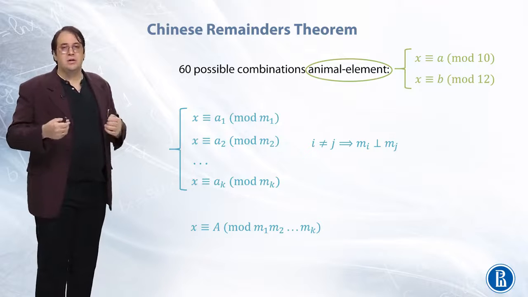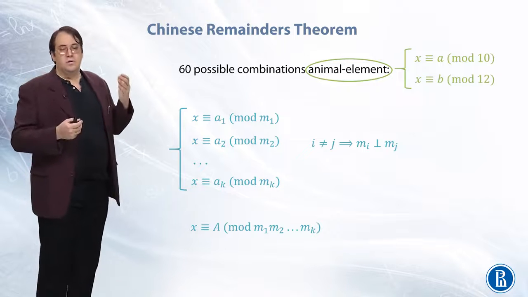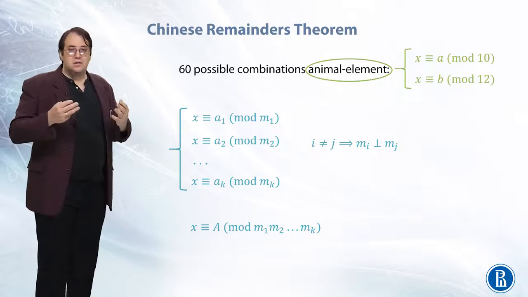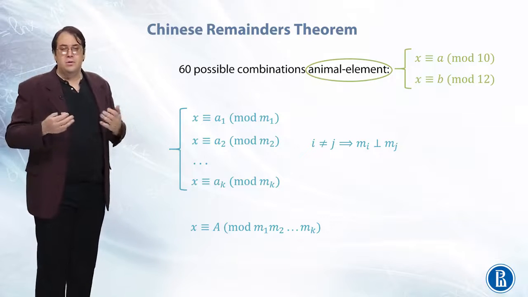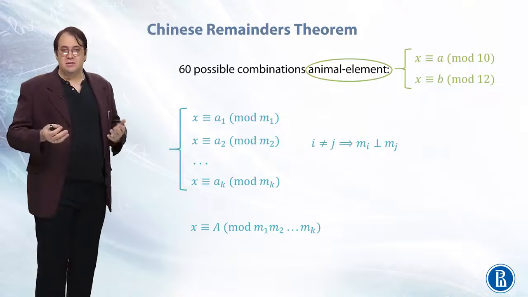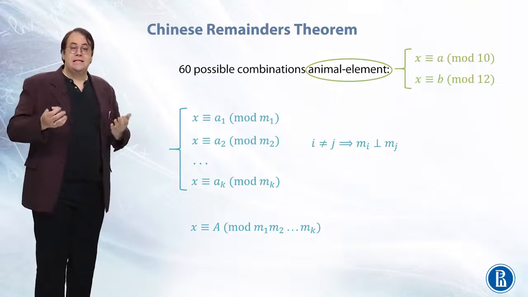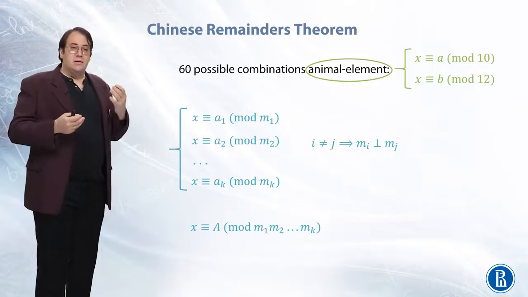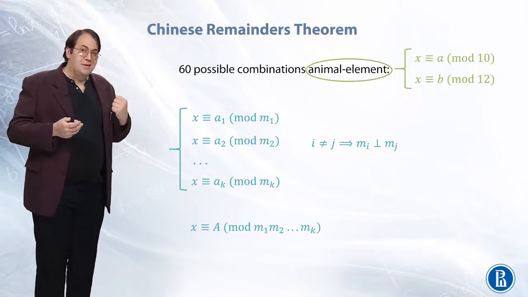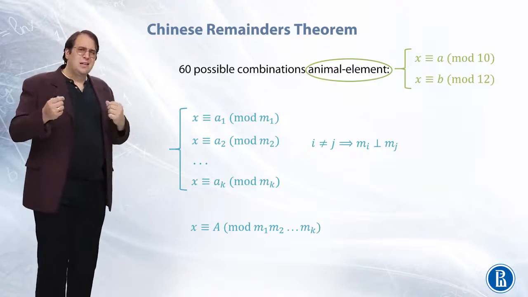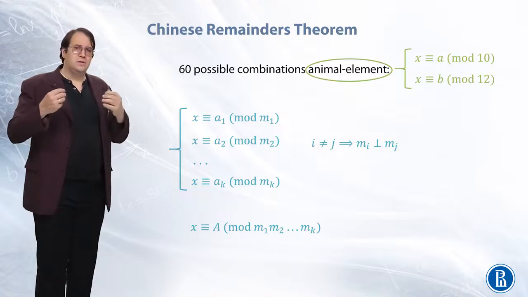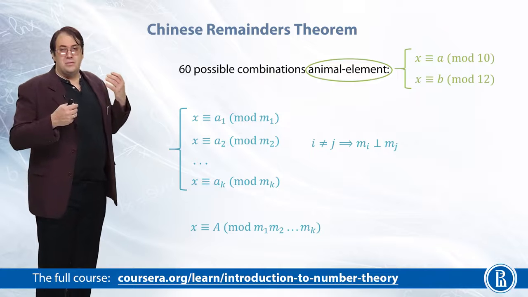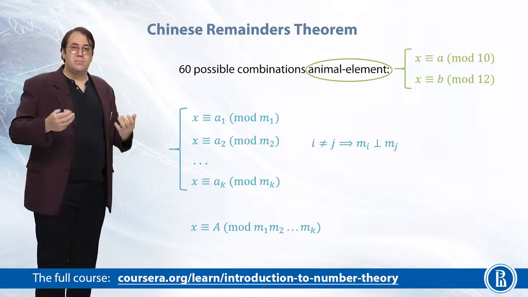So it is unique modulo the product of all of the original moduli of the system. In our further videos, we will prove the Chinese remainder theorem. And the last thing I want to say is that the Chinese remainder theorem with pairwise mutually prime moduli actually helps solve systems of congruences where moduli are not mutually prime.